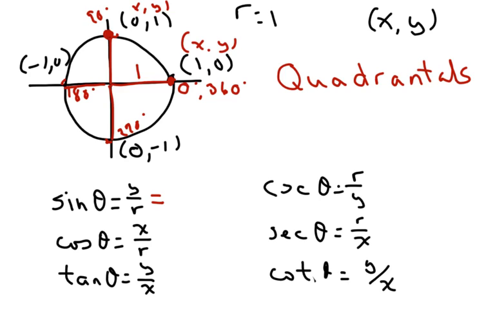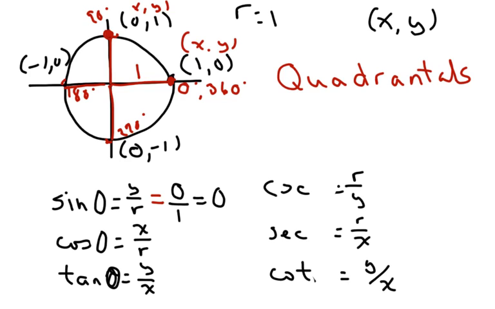So sine of theta is y over r. For theta to be 0 degrees, y is 0, r is 1, which equals 0. I'm going to change all these to 0 degrees, so let's just say these are zeros.